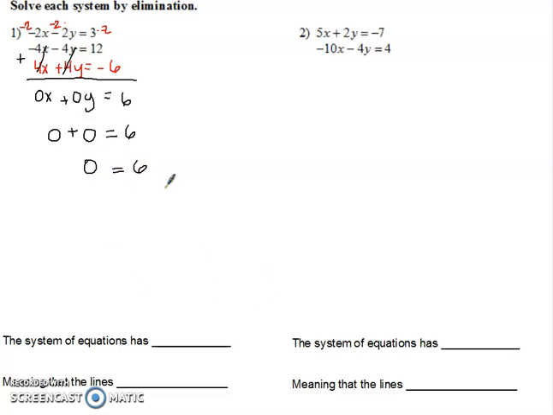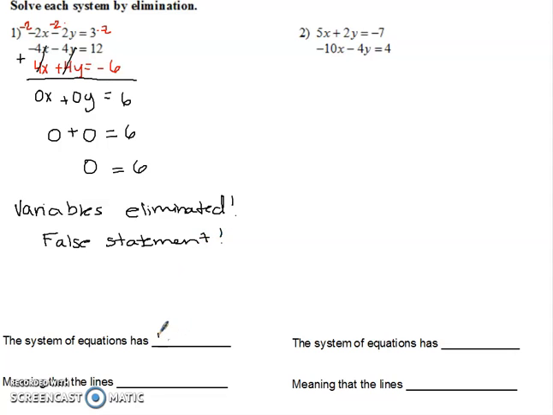So we are looking for the value of the variable that makes this statement true, but all of our variables were eliminated. And we have a false statement. 0 does not equal 6. Those are two different numbers. Therefore, the system of equations has no solution. If there's no solution, that means that our lines are parallel.